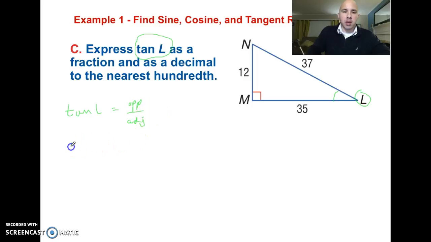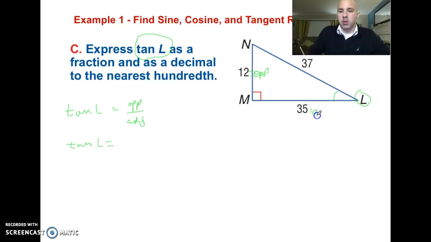I'm going to take my time, pretty much just labeling my triangle. Here's angle L, opposite. It's going to be over here. And my adjacent is next to, and this will be my hypotenuse, which I don't need.